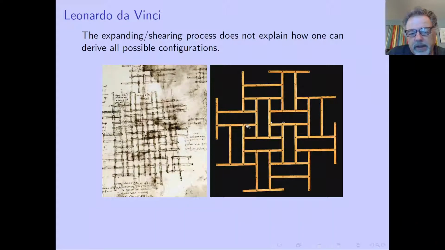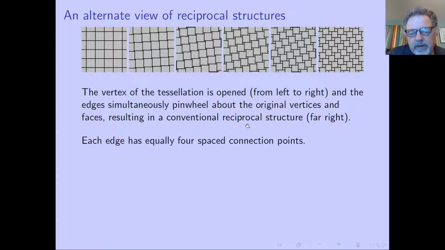Now, I was trying to come up with a way of thinking about this from the standpoint of this sort of shearing and expanding process. But I think it's helpful to think about this from a different standpoint when we look at these reciprocal structures.